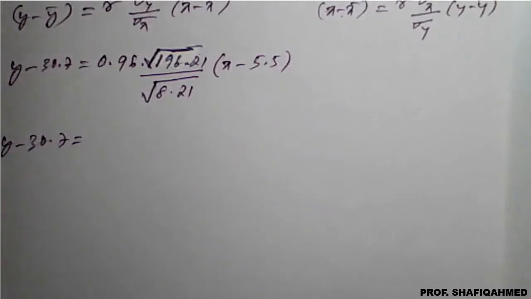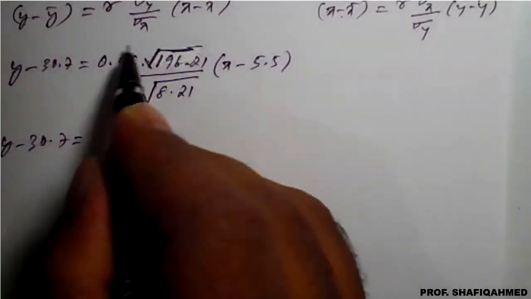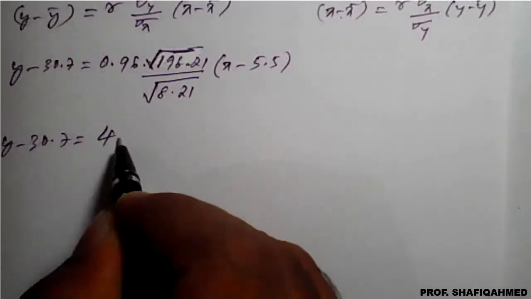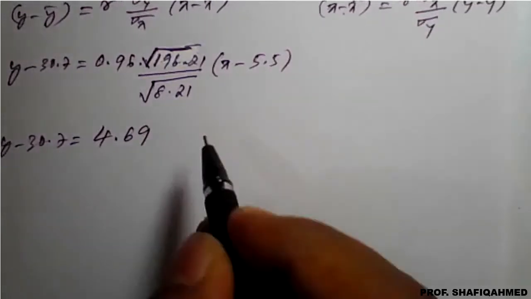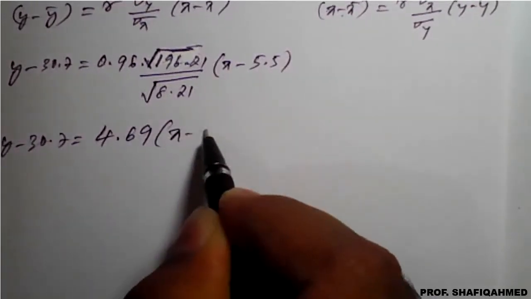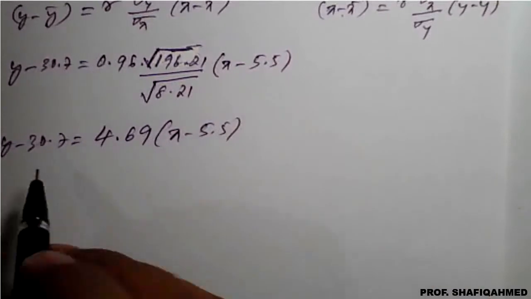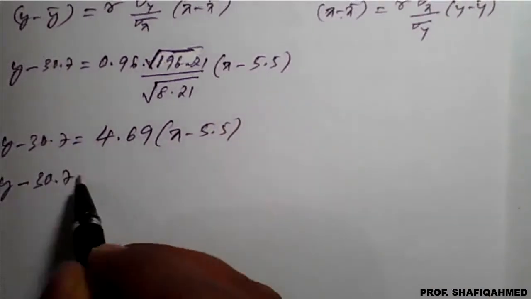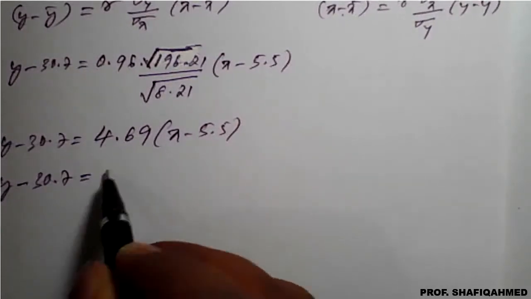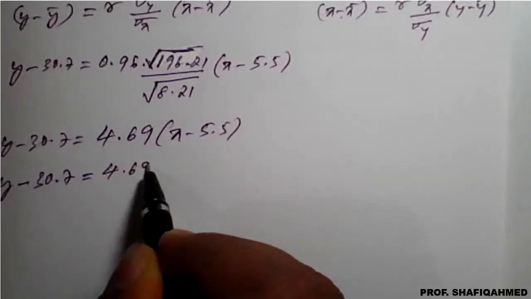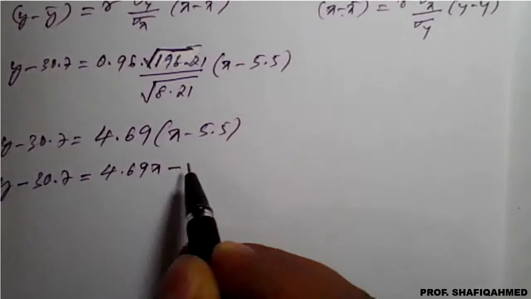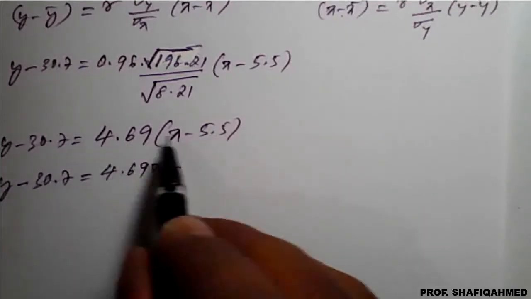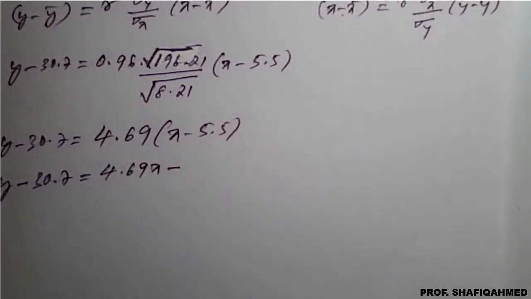I will take two decimal places. So this value will be 4.69 into x minus 5.5. Therefore y minus 30.7 equals, open the bracket, 4.69 into x, plus into minus is minus, so 4.69 into 5.5.